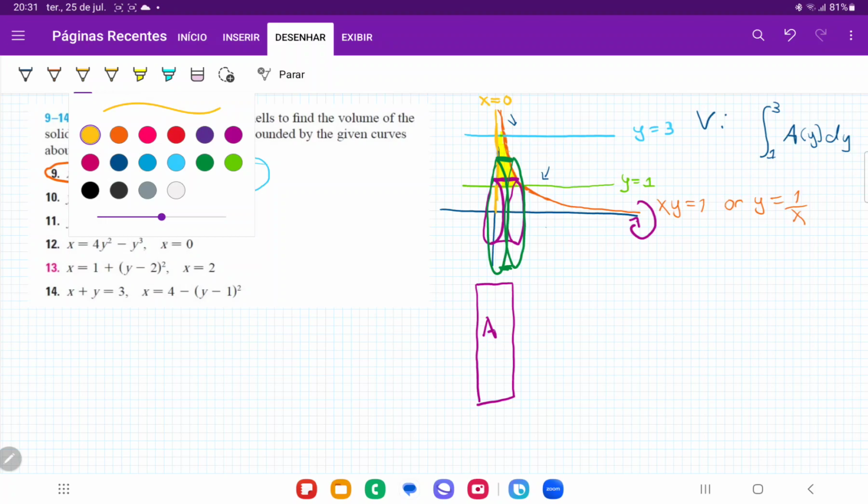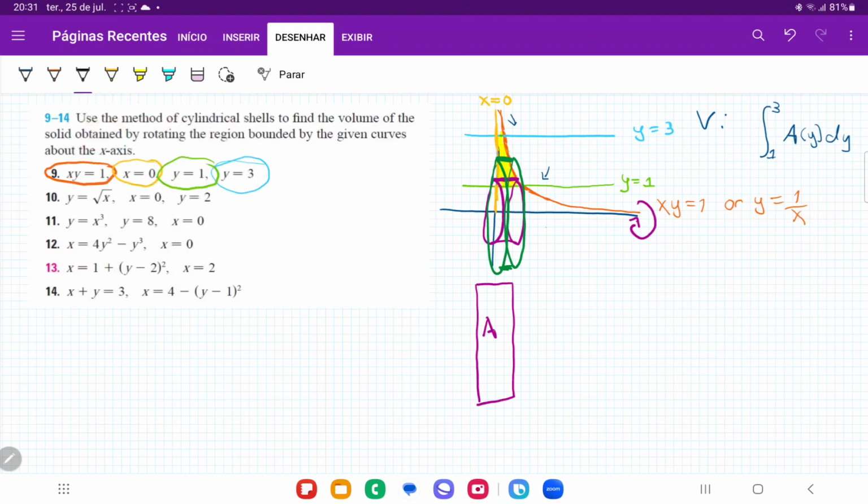Let me choose a different color for us. Maybe I'll do that in black. Now let's think about this base here, because area is basically just base times height. And this base is basically just the height of this curve. Since we're integrating with respect to y, we're going to express this as a function of y. So I'm just going to cross multiply here.